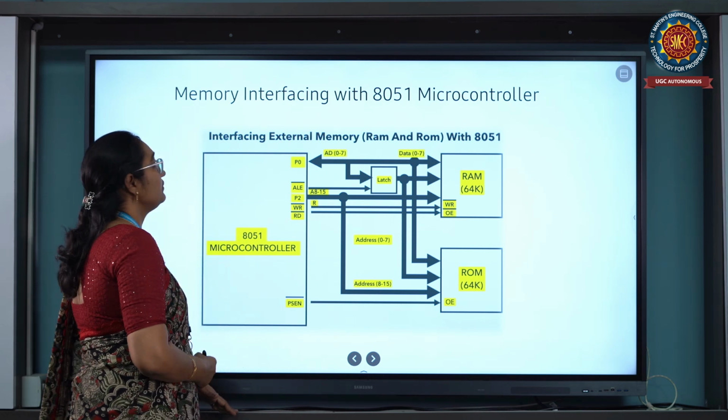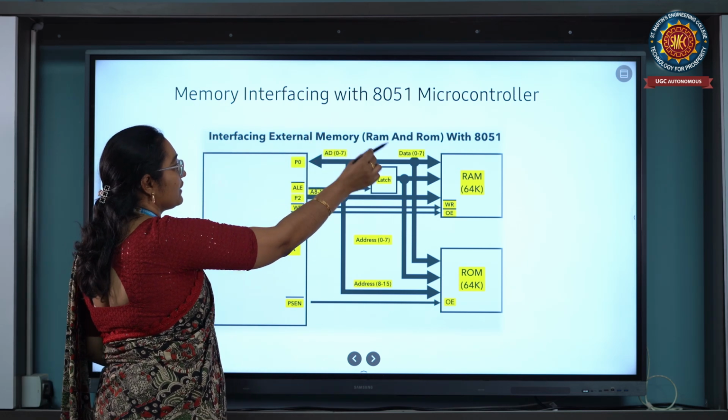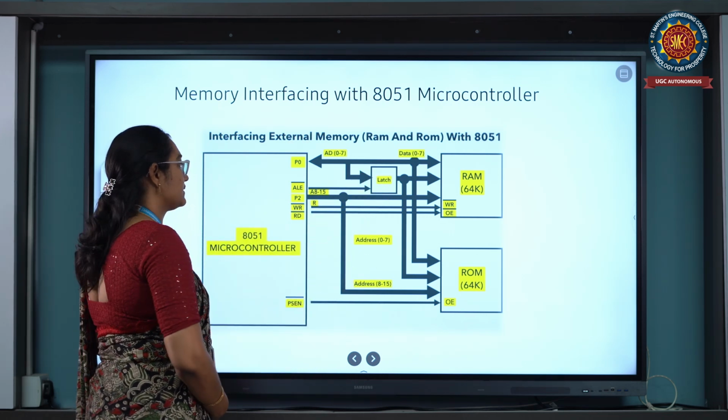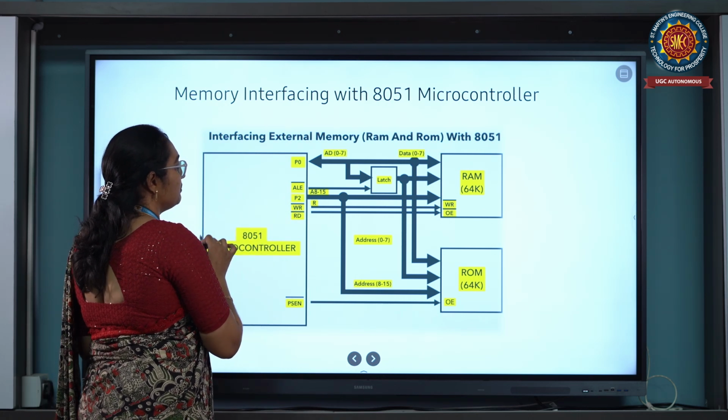Next, this is the diagram for interfacing the 8051 microcontroller with ROM and RAM of size 64 kilobytes. Here we are using 4 ports: port 0, port 2, port 1, port 3.